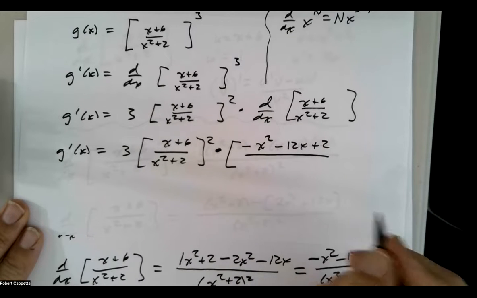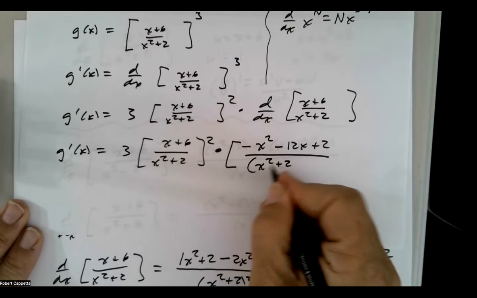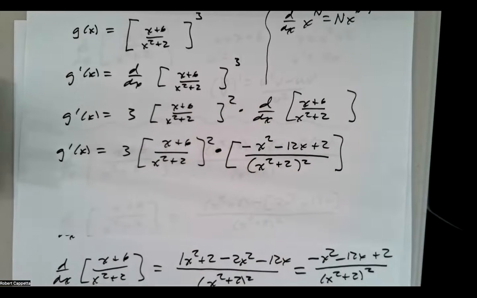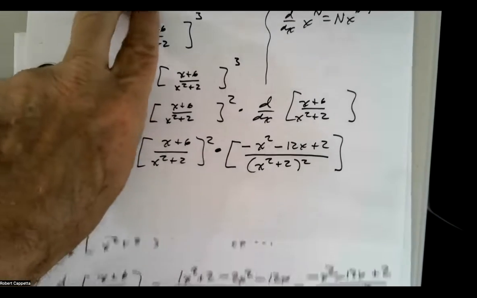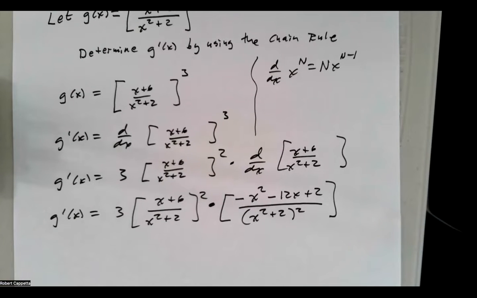Now, I'm not a stickler on simplifying these things, so we're not going to spend a whole lot of time simplifying it, but I'm going to spend a little bit of time simplifying it, just to make it easier for me to check on Desmos. So what do we have here for our g prime of x?